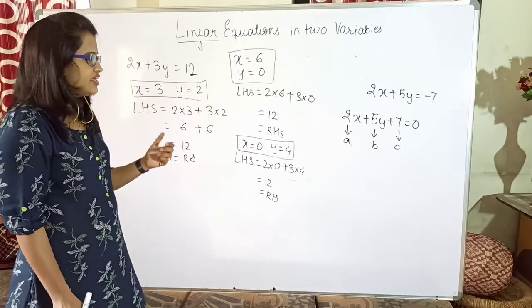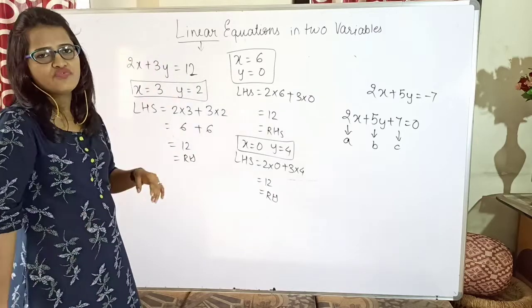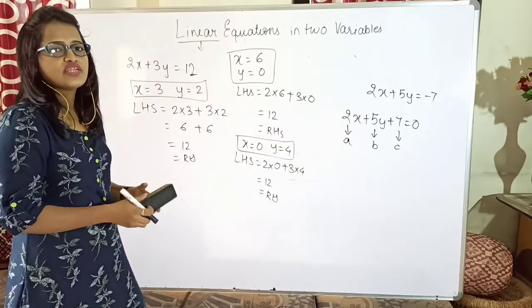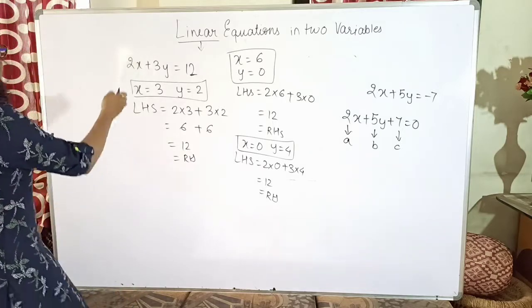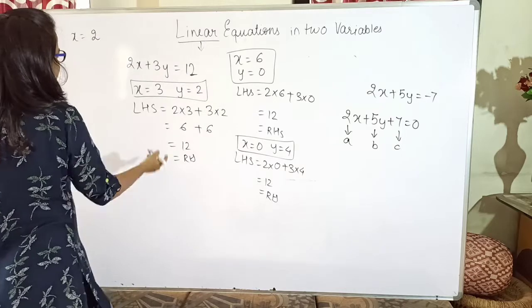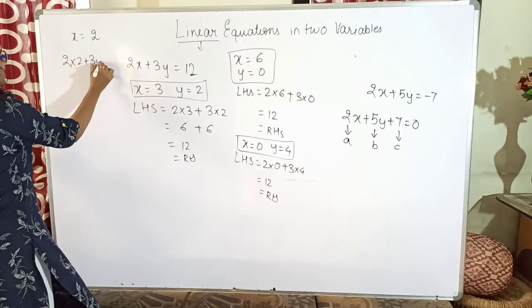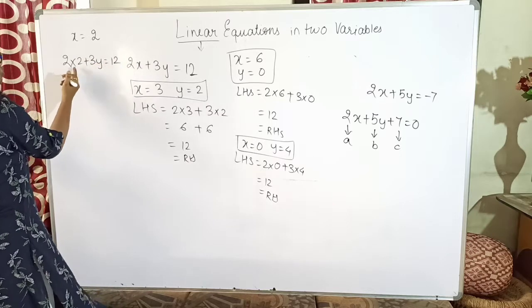And how can you find? You just consider one value of x and then you can find the value of y accordingly, so as to get the different roots. For example, let us consider x is equal to 2 and find the value of y for which the equation satisfies. So 2 into 2 plus 3y equal to 12, which gives me 4.